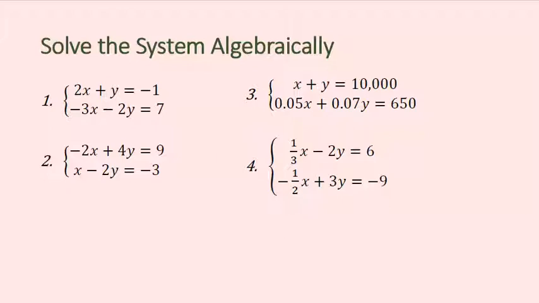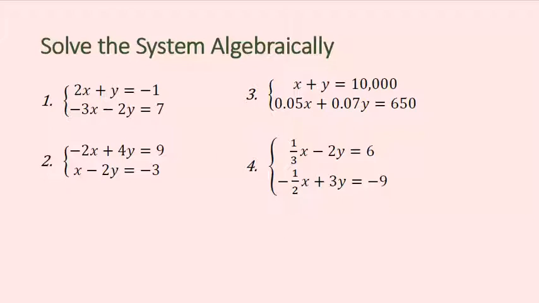All right, one thing I really want to point out before we look at these examples is that the method that I choose might differ from the method that you choose. There are a lot of choices to be made when you're solving systems. One could be the method, right? It could be substitution or elimination. But even once you choose a method, there are other choices to be made. If you're using substitution, do you solve for x or for y, and in which equation?